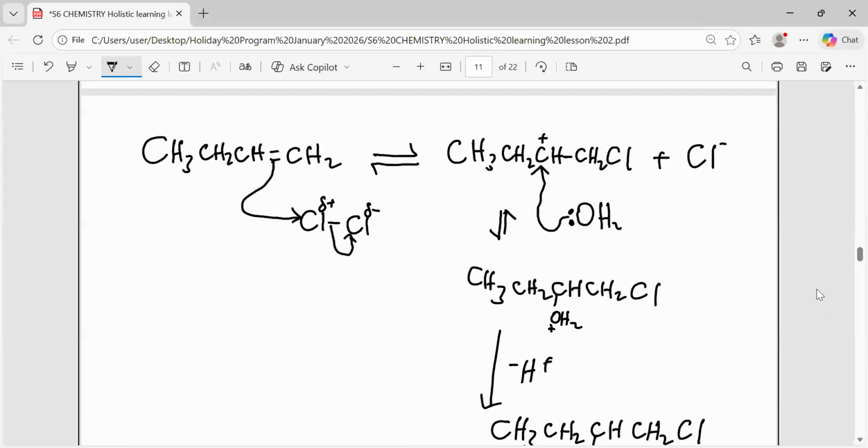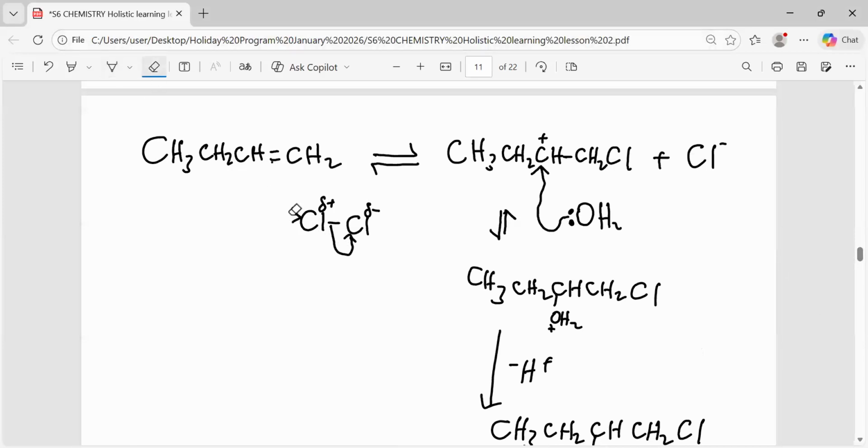Does the arrow attach exactly to the atom? Do you mean here, when the arrow is coming from the double bond coming to this? Yes, teacher. Now, maybe let me rub off this.